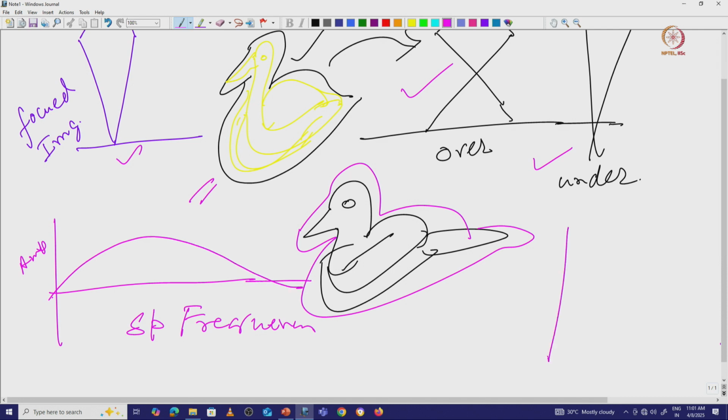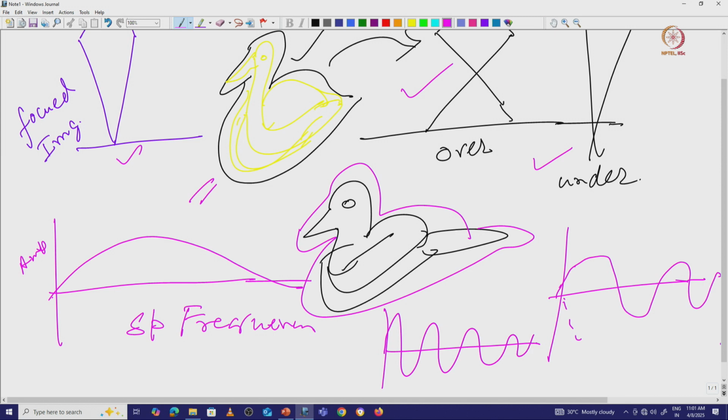When there is a focus change, either over focused or under focused, it will go in this direction or this direction, but there we can see the wave oscillating more. If we use more and more focus, this oscillation will be much higher, so it will go like that. This ray diagram we can convert to a sine and cosine curve to describe how the signal is transferred from one form to another. That we are going to discuss more.